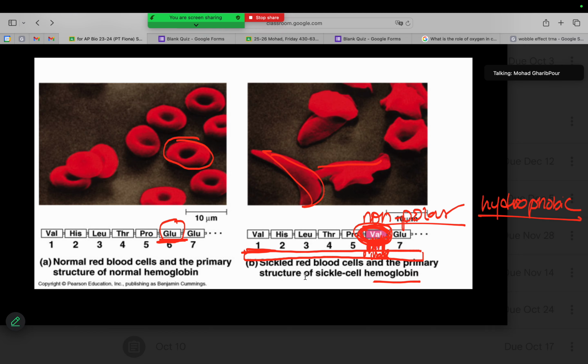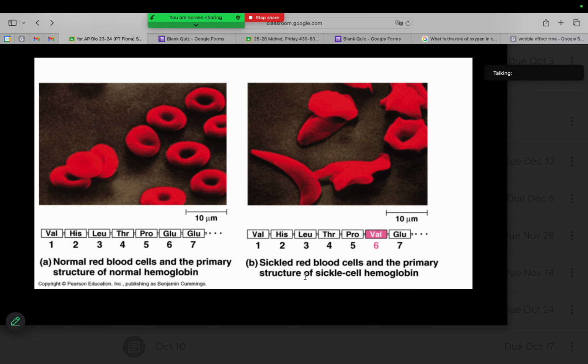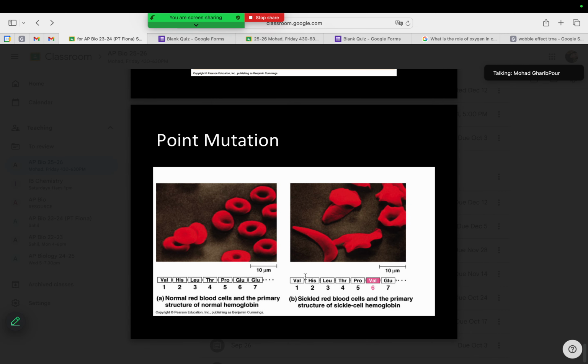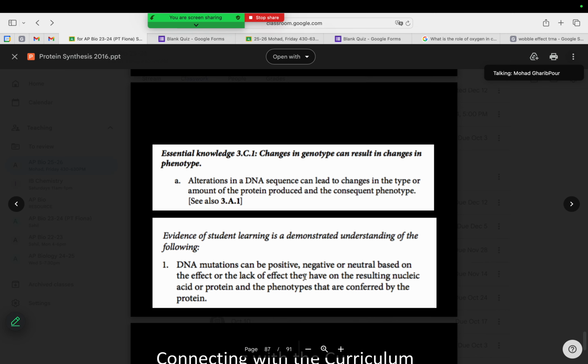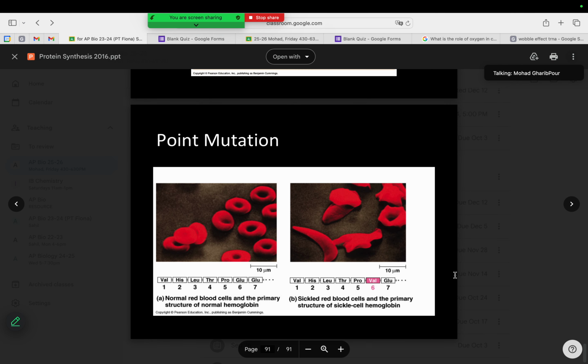I'm going to have another hemoglobin molecule with a valine here, and it's going to aggregate with these valines. So we have all these hemoglobin molecules aggregating in this position. And once it does that, it creates this sickle shape, and it can't carry oxygen properly. So that's how you get the disease. And that's it for this set of slides. Any questions for you guys?